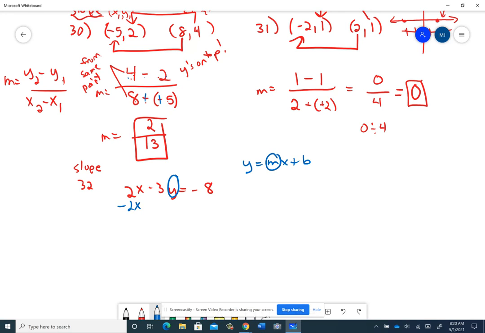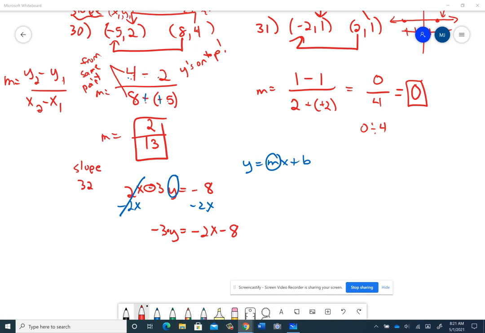So remember what we did. We subtracted 2x to get rid of that. We're left with negative 3y. Don't lose this negative here. Equals negative 2x minus 8. They can't go together. They're not like terms. Then this negative 3 we can divide by. Get that out of the way.